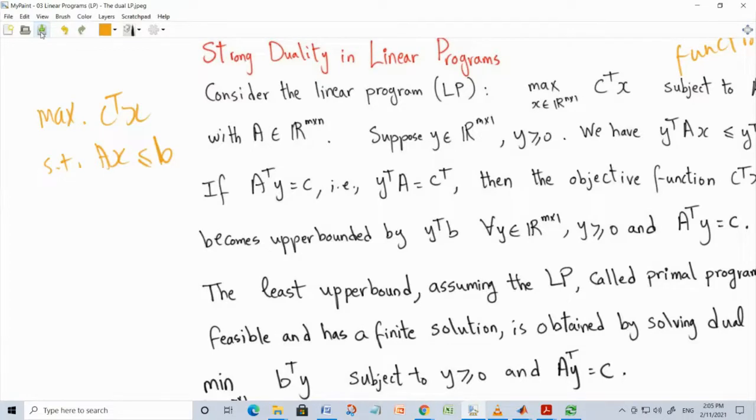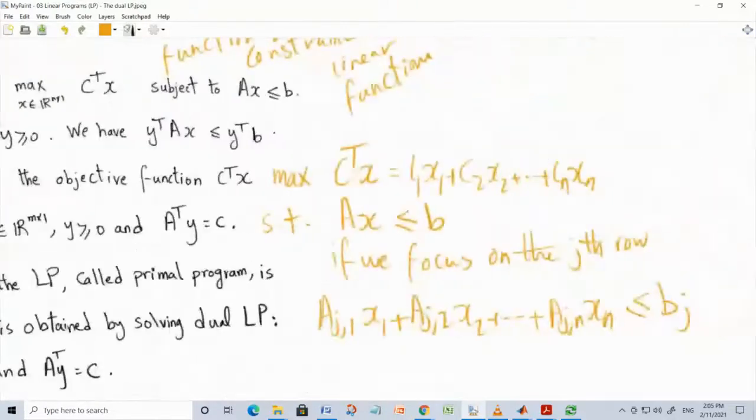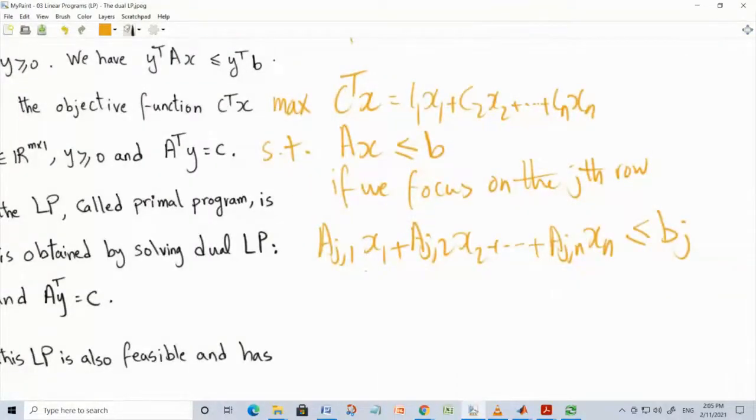Then you say, okay, pick a non-negative vector y and multiply this thing here, so you have y transpose AX. Because the components of y are non-negative, the inequality is preserved. Multiplying by y transpose is like taking each constraint and multiplying both sides by a positive number and then adding.